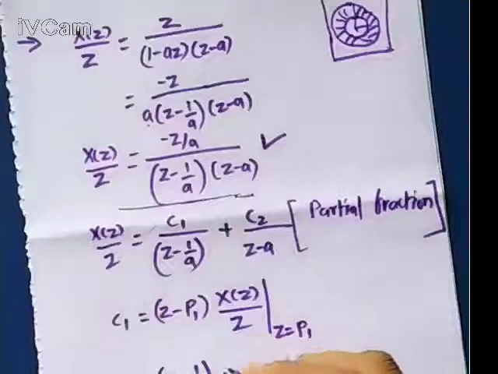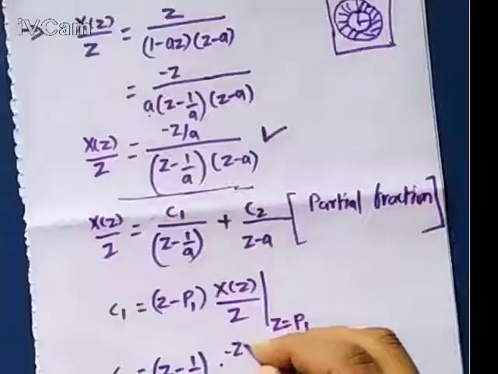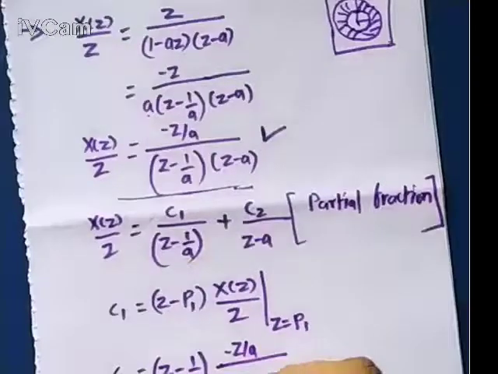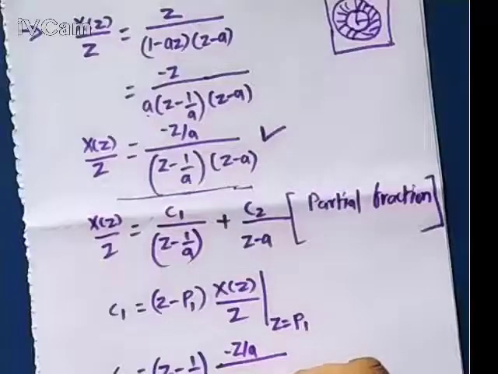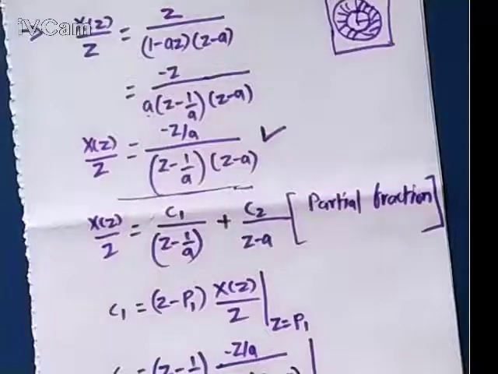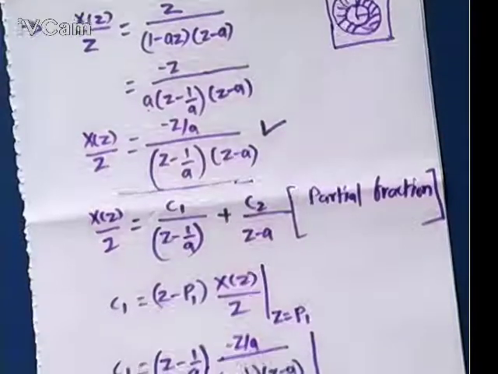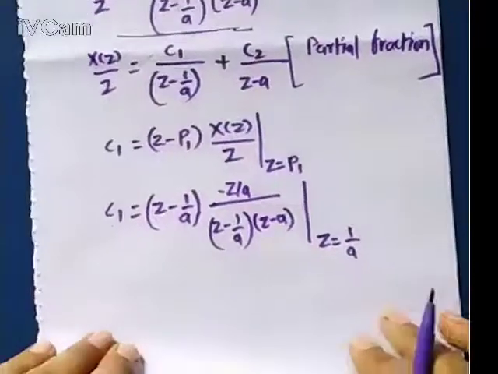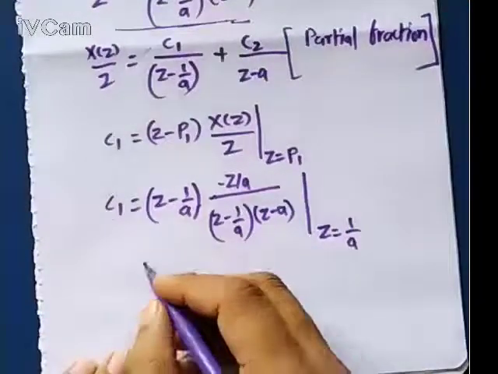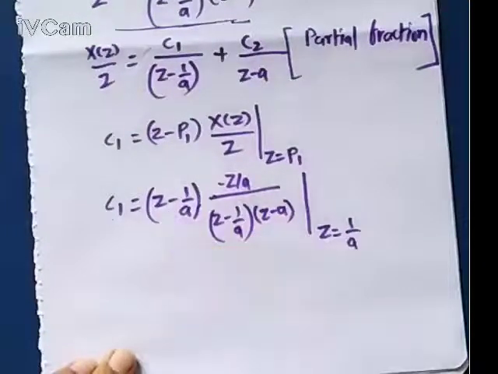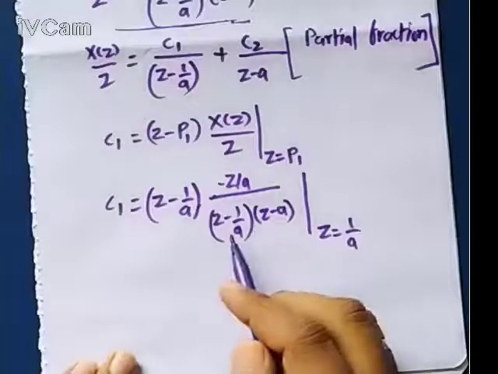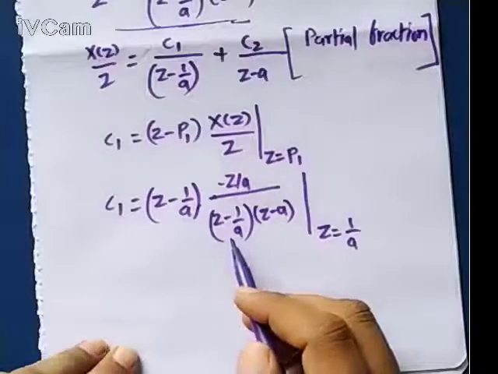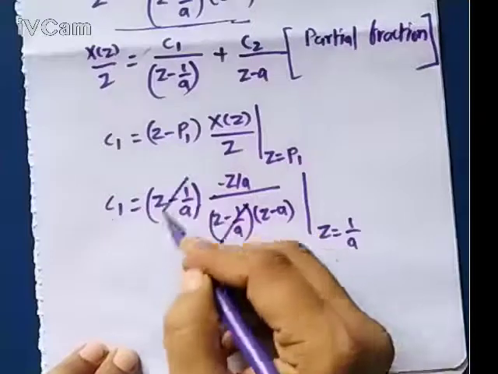Okay, so that will be minus z upon a divided by z minus 1 by a into z minus a, and this I have to calculate at z equal to p1, that is 1 by a. Here z minus 1 by a is there, and in the denominator also we have z minus 1 by a, so both of them can cancel.